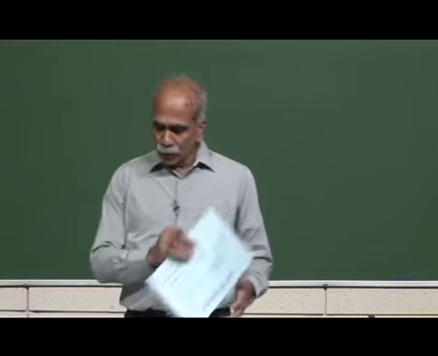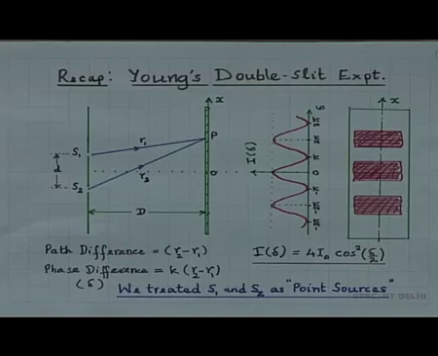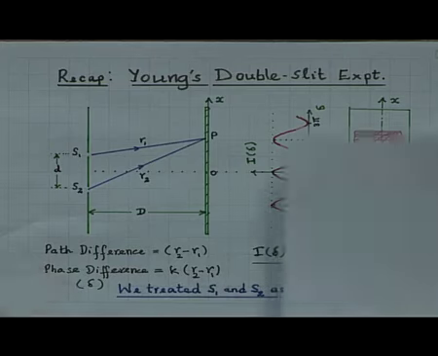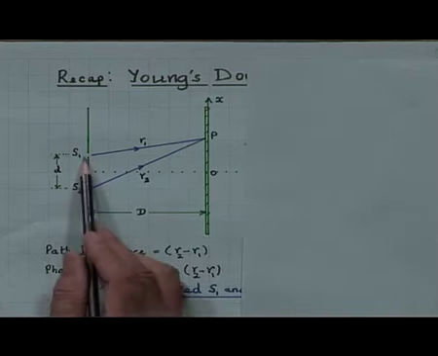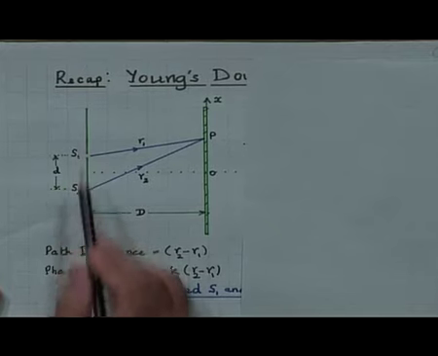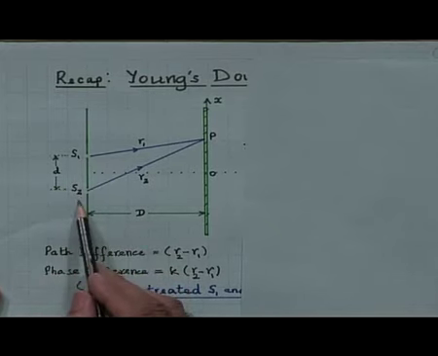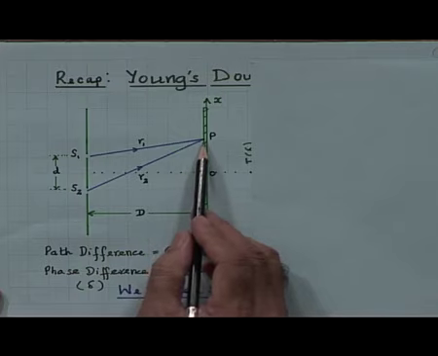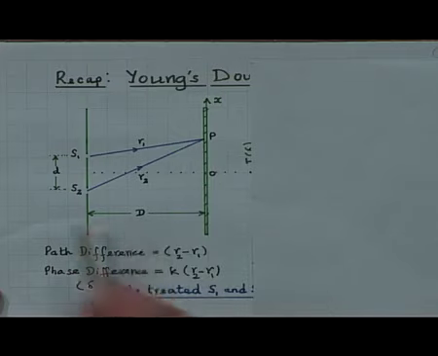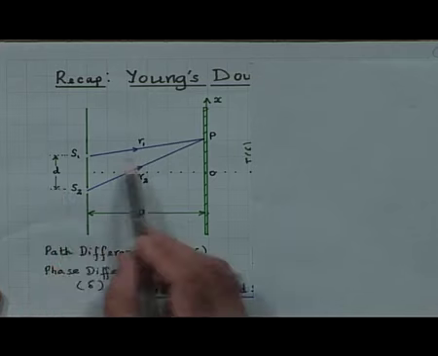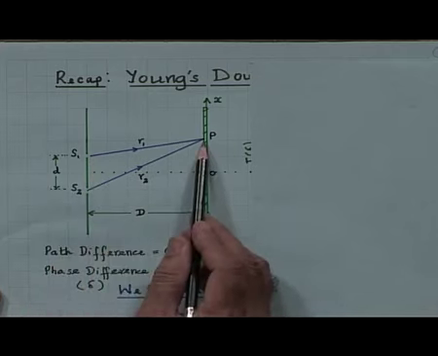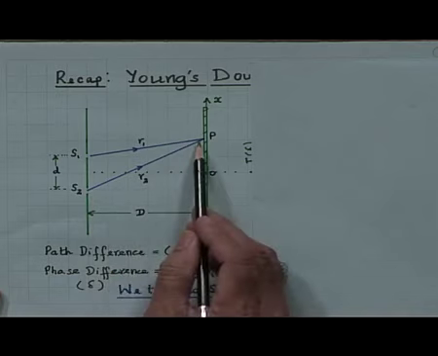I have shown the Young's double slit experiment which we had studied in great detail. First look at this part. Here are the 2 sources S1 and S2, point sources, and this is the screen placed at a distance D. The sources are separated by a small distance d, and R1 is the path length here, R2 is the path length.